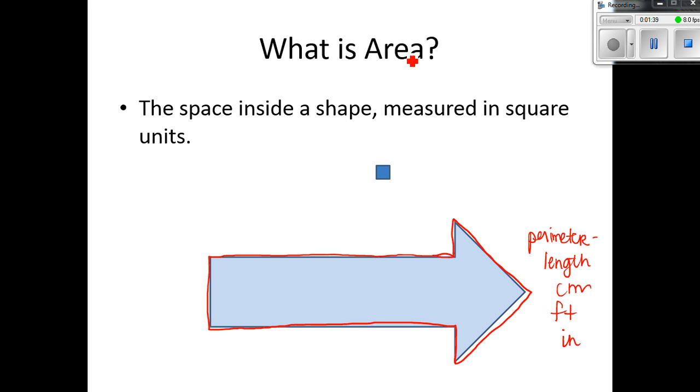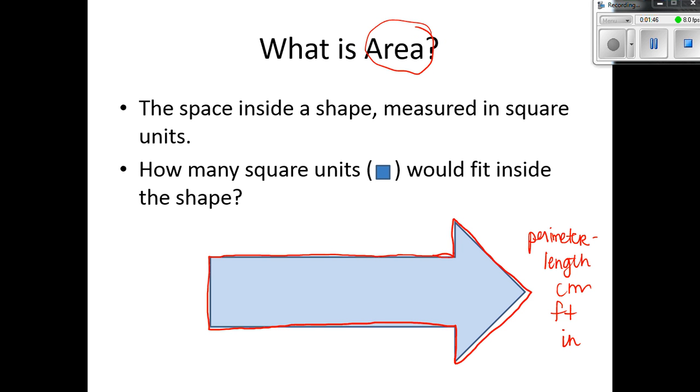But when I'm talking about area, more specifically, I'm talking about the space inside. So how many square units fit inside the shape? So area is measured in square units, so feet squared, inches squared, centimeters squared, etc. So you want to be really careful and make sure that when you're working with these formulas that you're using the proper units.